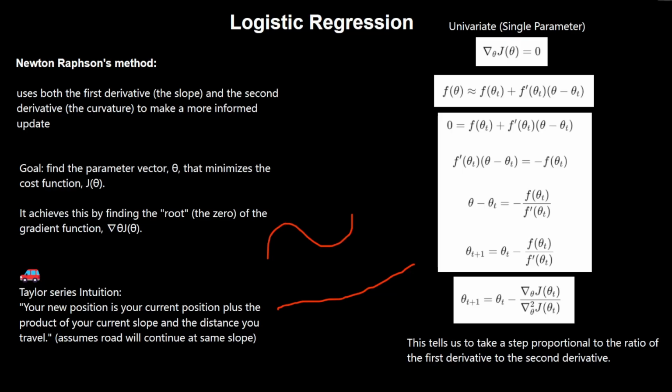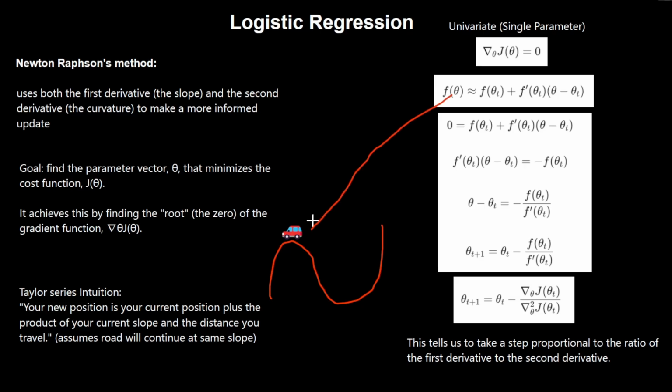Let's say we have a car and a curvy road. This is the car, this is the curvy road, and this is the formula for the Taylor series expansion. The function f of theta represents the next position. The car is moving this way, though the car is drawn inverted. We need to find the next position. This corresponds to the next position, and this is the current position, theta of t.